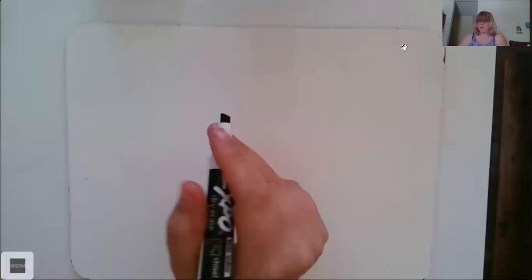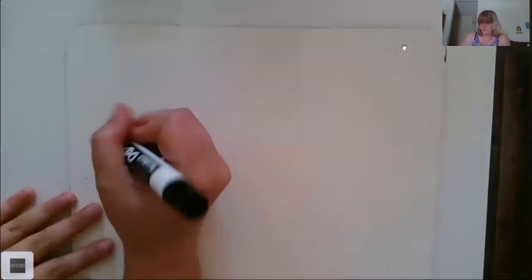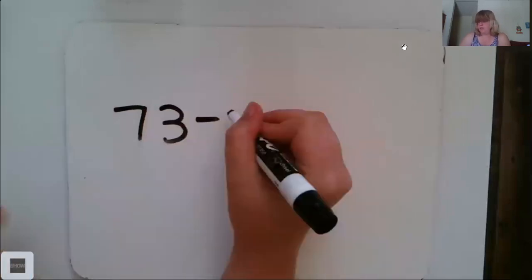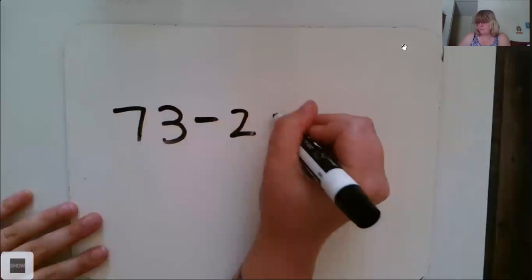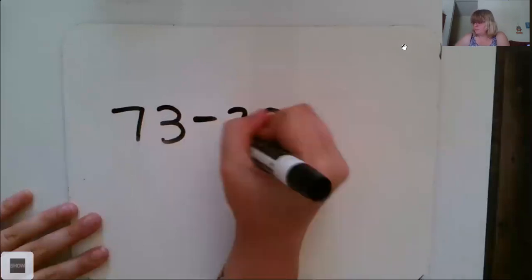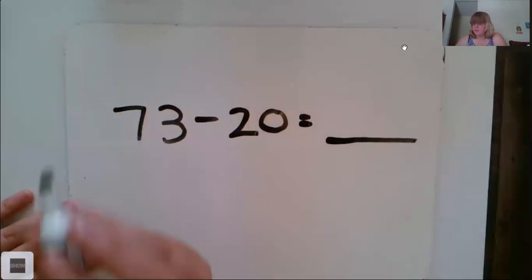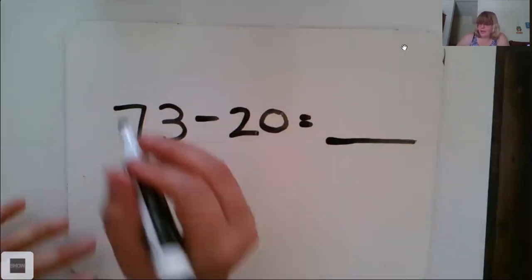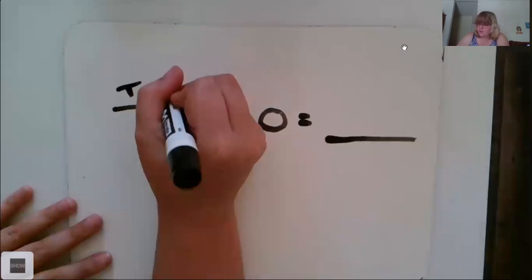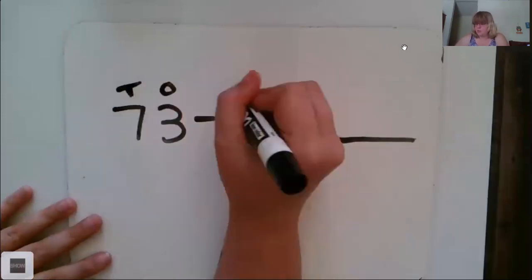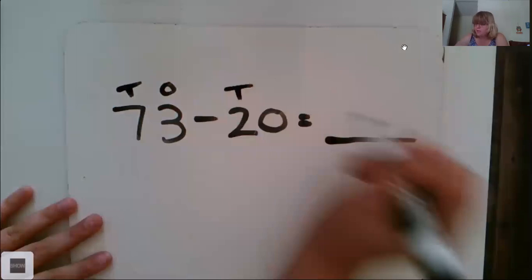So I'm going to take 73 and I'm going to subtract 20 instead of just a 10. Again, I can label the spots for both of my numbers. I know I have 7 tens and 3 ones. I know I'm subtracting 2 tens and 0 ones.